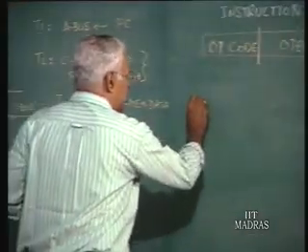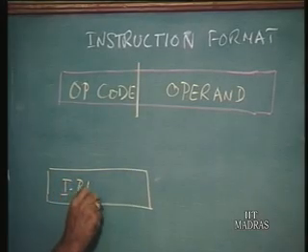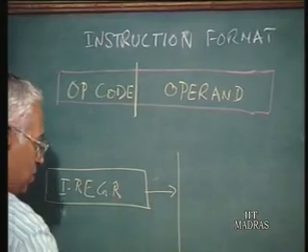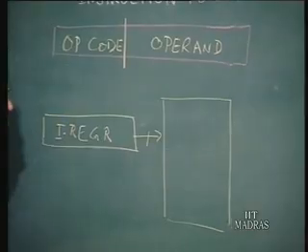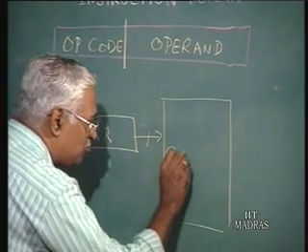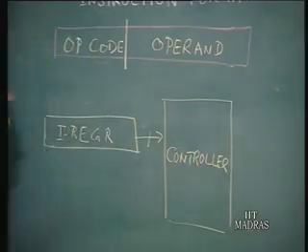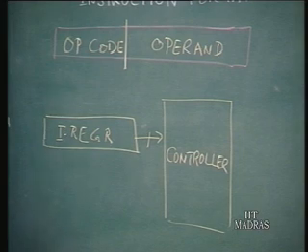So once the instruction comes into the instruction register, this multi-bit instruction will go to the controller, because what is our basic cycle? Fetch the instruction, decode or interpret the instruction, and then execute.